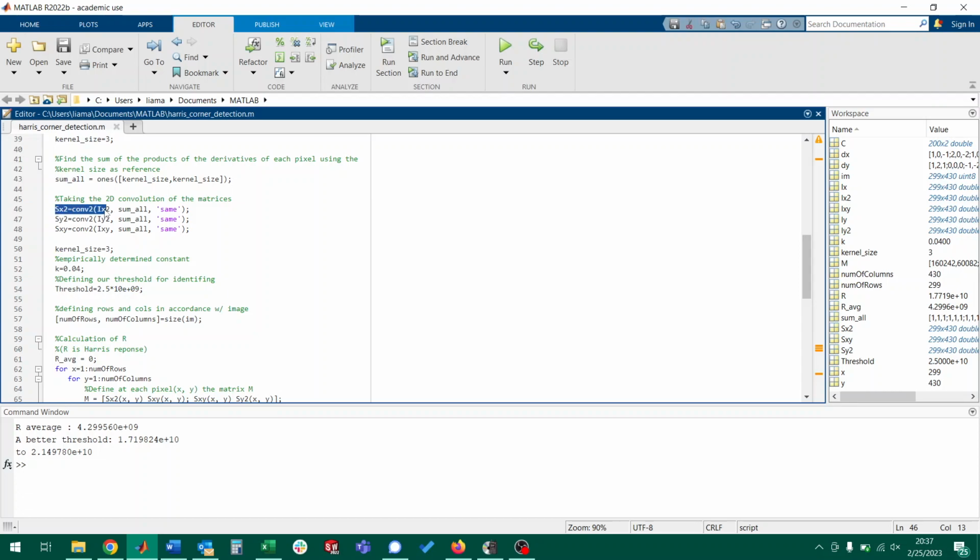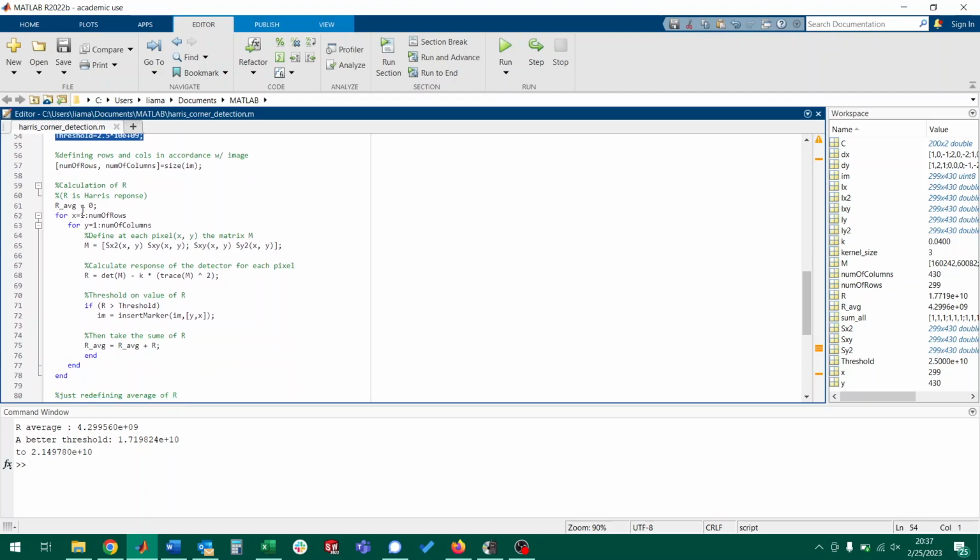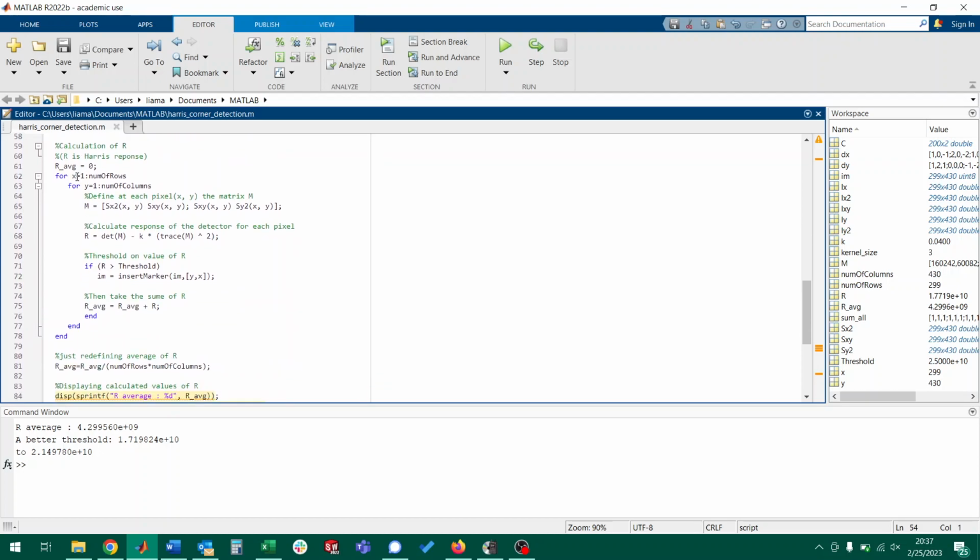And then you take the convolution again, redefining the matrix size, and then k is just an empirically defined constant that we use, and then a threshold for identifying the corners, because if it's too high, it's not going to detect them. So then we actually do the calculation of R. Our average is just 0, so we're just stating that.